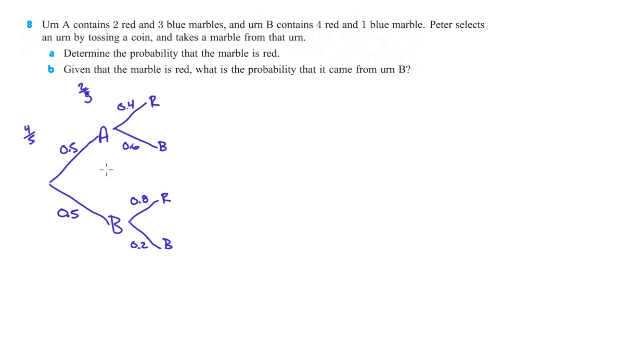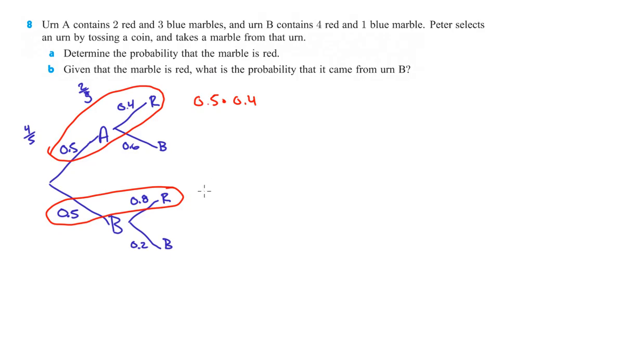All right. So, A, determine the probability that the marble is red. So that would be this branch right here, or it would be this branch right here, right? So the probability that it is red would be 0.5 times 0.4, because both of these things have to happen, right?